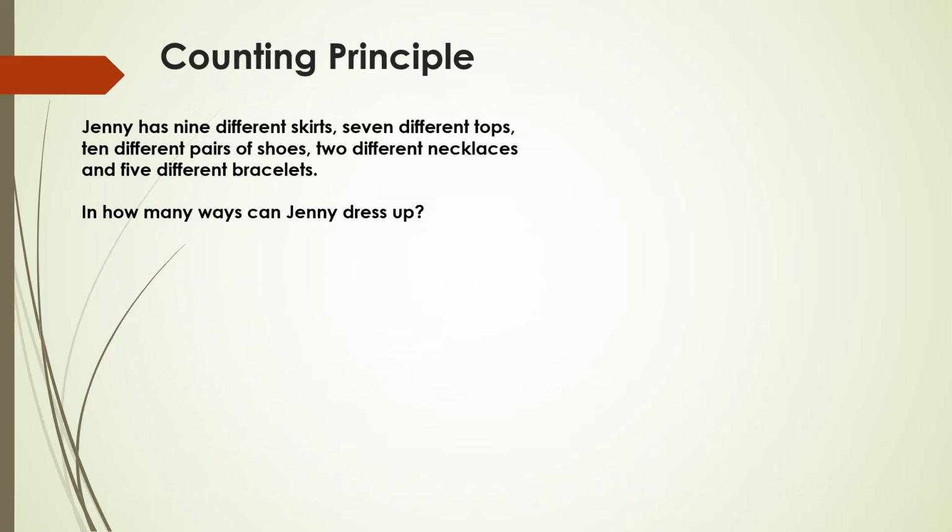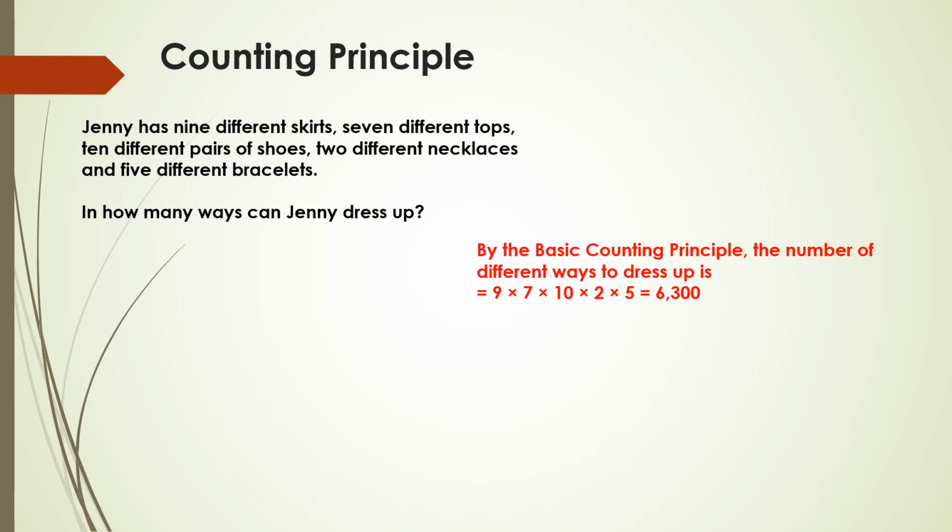Okay, another example. Jenny has 9 different skirts, 7 different tops, 10 different pairs of shoes, 2 different necklaces, 5 different bracelets. How many ways can she dress up? So again, we see it's the product of the 5 choices that Jenny has. But why am I showing you this? We're repeating the same thing all the time. Look at the number of choices that she has with these options that were given. She's got to choose one from each of those.